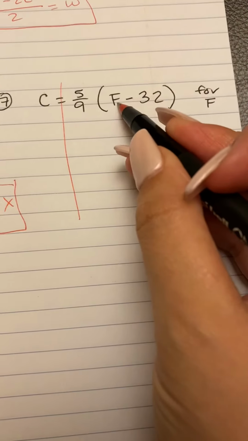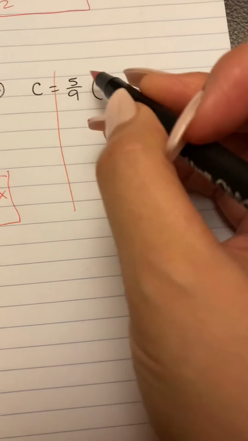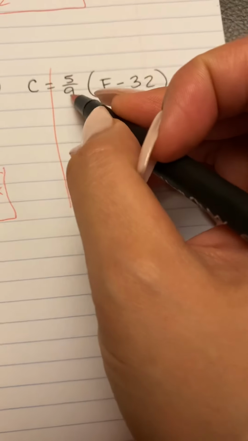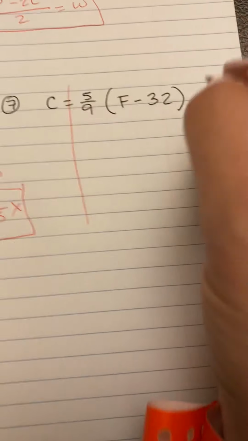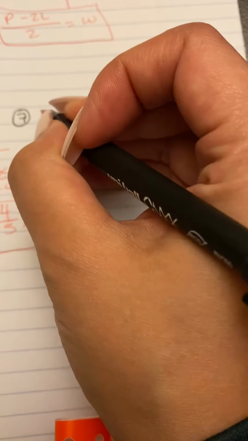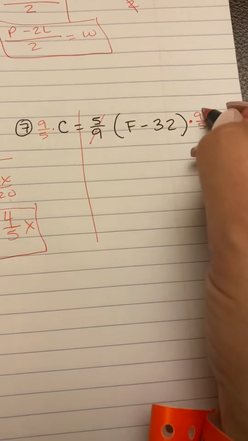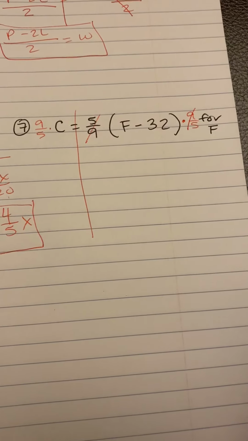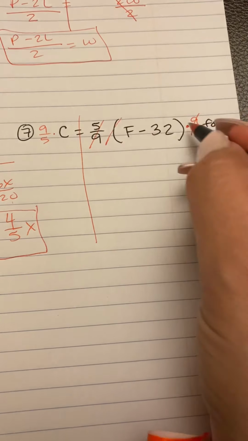And then number 7, it says solve for f. So I want the f by itself. Right now the f is subtracting 32, and the whole thing is multiplying by 5/9. So I'm going to get rid of the parentheses first. So get rid of the fraction by multiplying by the reciprocal, which is 9/5 on both sides. Okay, that'll get rid of your fraction, and that'll get rid of the parentheses as well. So once you cancel that, that gets rid of the parentheses.